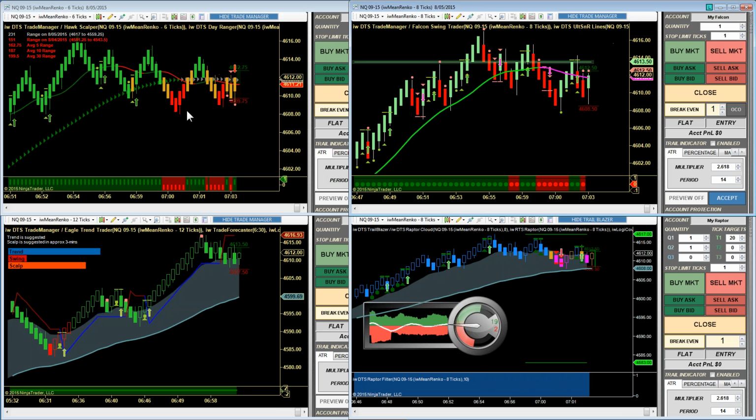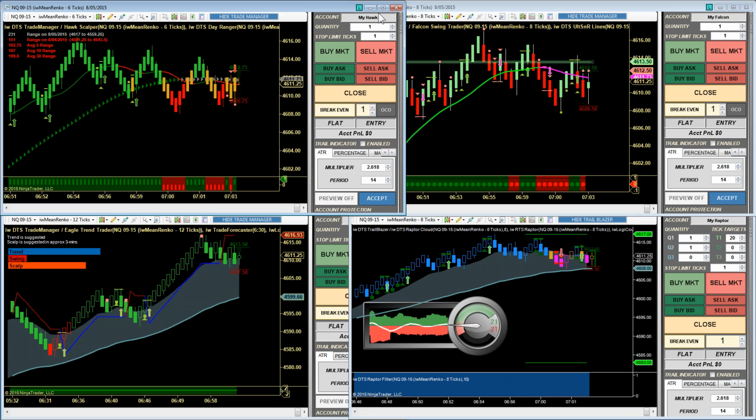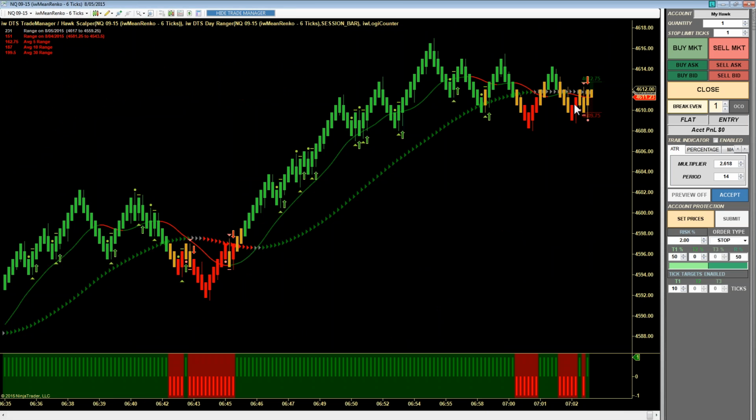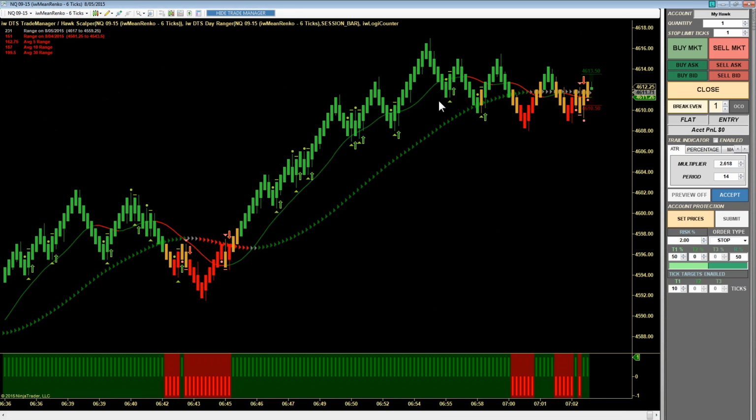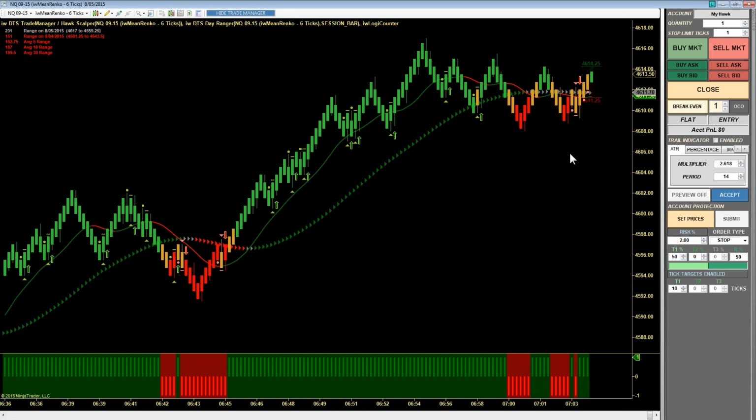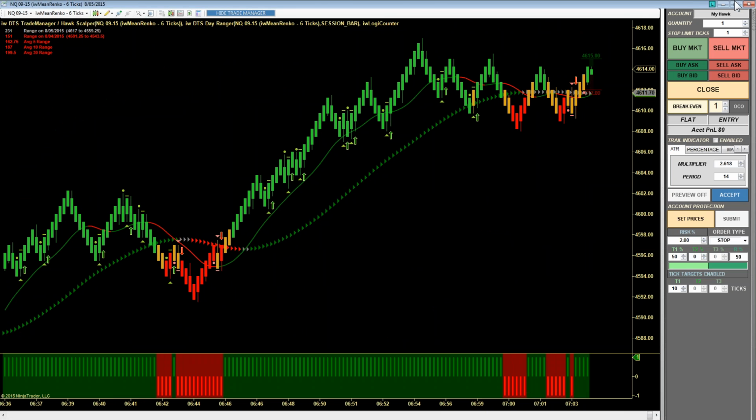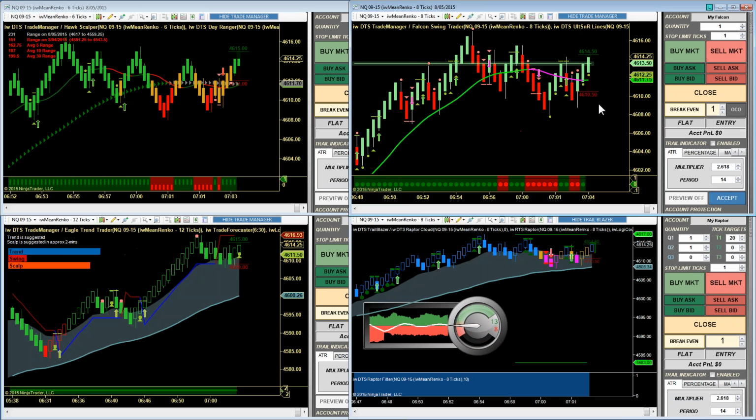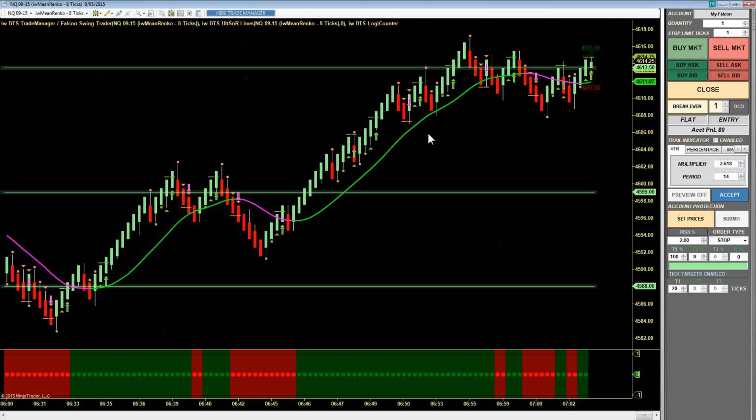All right, we're getting a little bit of a mixed bag of signals here now. Look at our hawk. We're getting all these yellow bars, and you see how they're all trading at more or less the same latitude? That tells me that the market is getting a little bit stagnant. Might be getting a little bit choppy. The Falcon is starting to produce more trend changes.